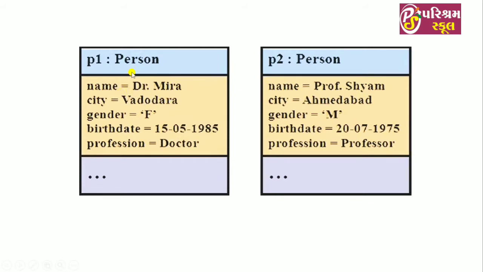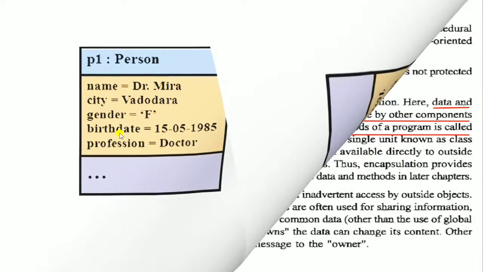Here the name of the person P1 is different, and here the name of person P2 is different, but the attributes remain the same: name, city, gender, birth date, profession, which are the same for both classes, but their values are changed. Value means, for example, the name or the city, Ahmedabad, is changed. The values are changed, but these attributes remain the same.